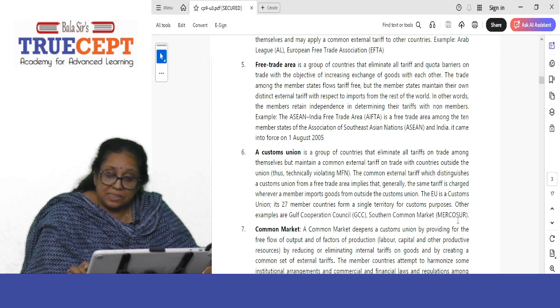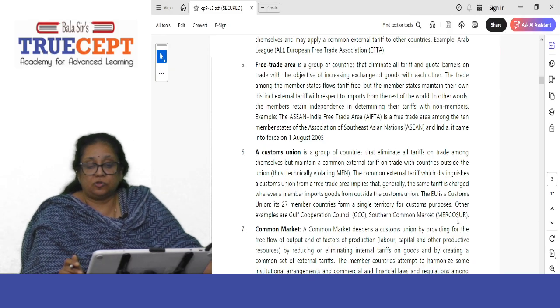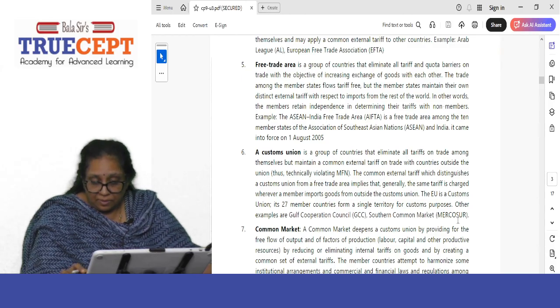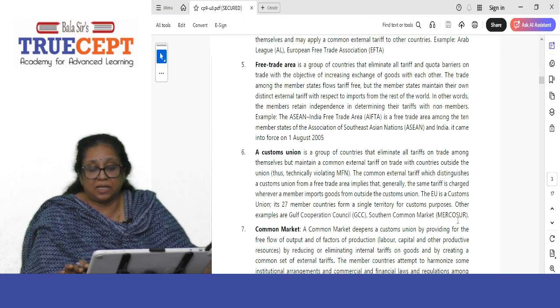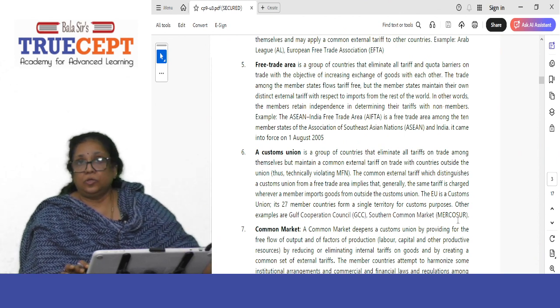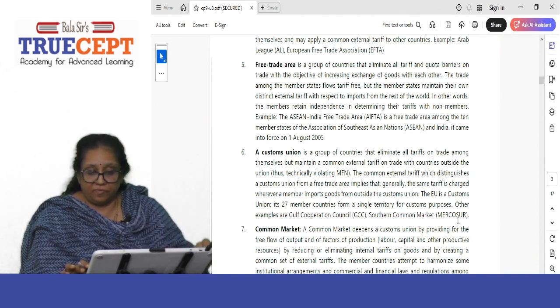So what's a customs union? This is a group of countries that eliminate all tariffs on trade among themselves. But how are they different from free trade areas? They maintain a common external tariff on trade with countries outside the union. That is where they differ from a free trade area.